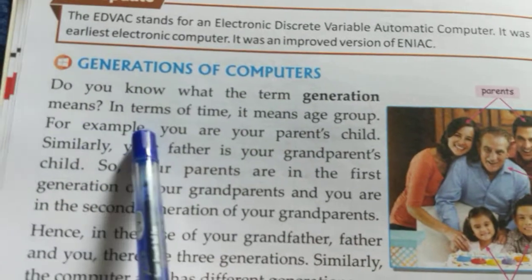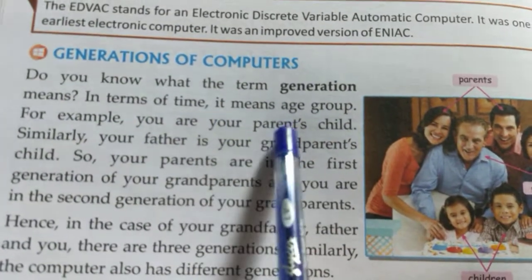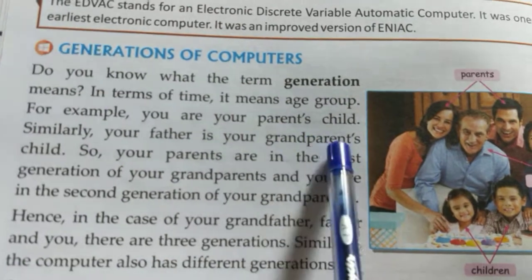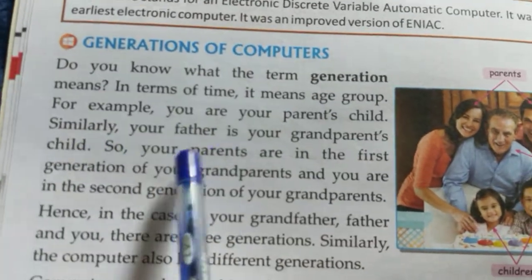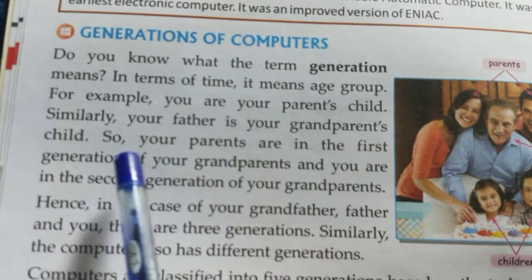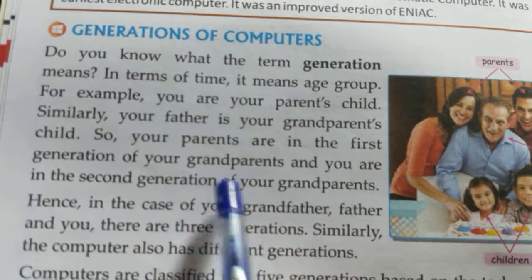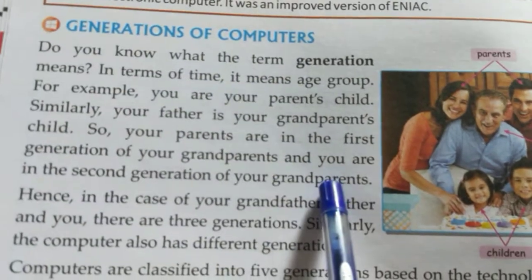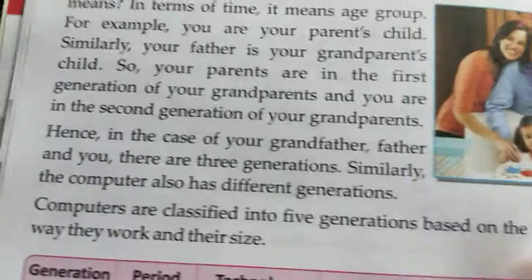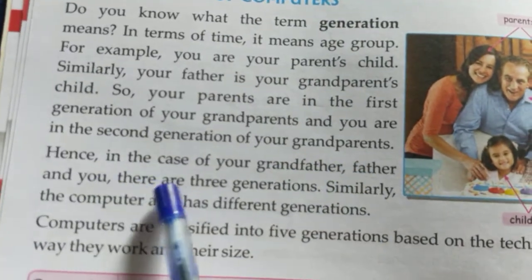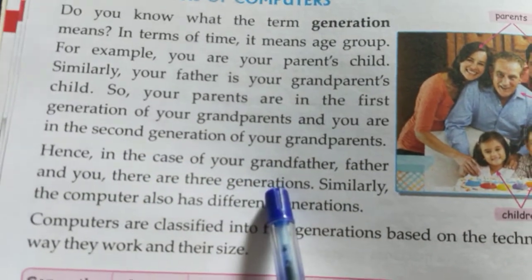For example, you are your parents' child. Similarly, your father is your grandparents' child. So your parents are in the first generation of your grandparents, and you are the second generation of your grandparents. Hence, in the case of your grandfather, father, and you, there are three generations.